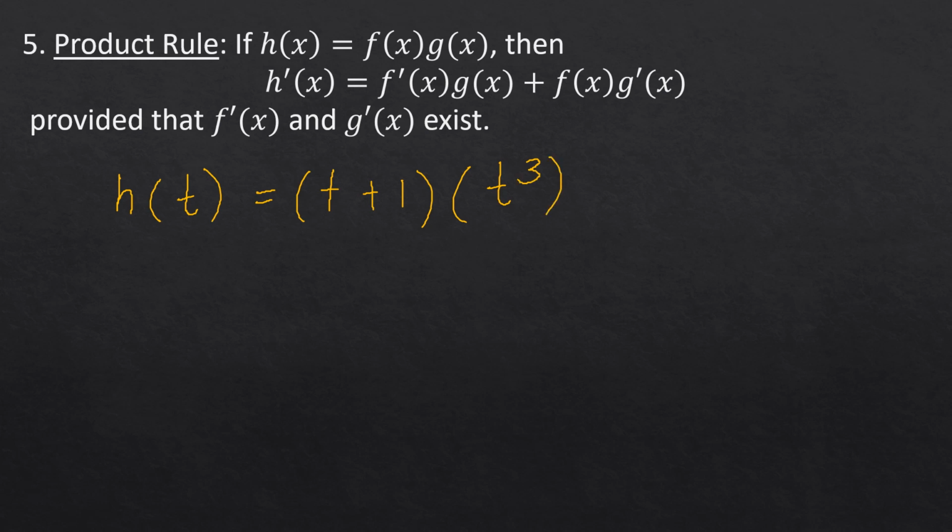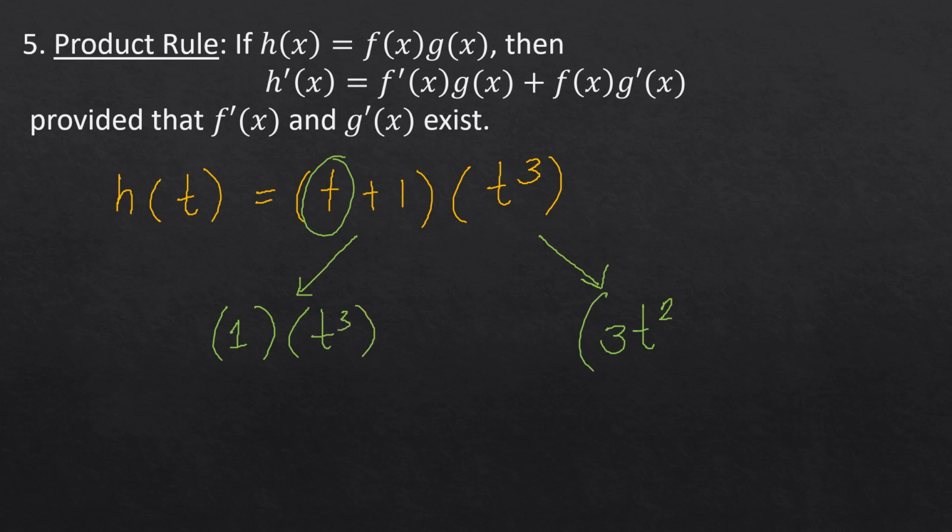Okay, so if you would like to get the derivative of t plus 1, the derivative is simply 1, because the derivative of 1 is 0. So you now focus on t. So the derivative of t cubed is 3t squared using the power rule. So this is 1. Multiply that now to t cubed. And 3t squared is now multiplied to t plus 1.